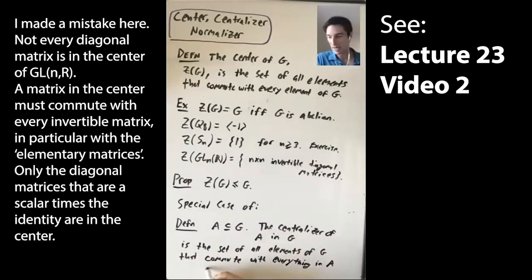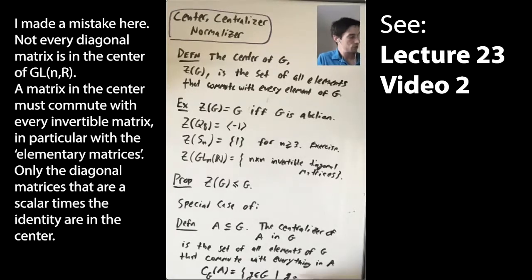So we usually write C_G(A) is the set of all g in G such that you could write ga equals ag, but maybe instead it's a little nicer to write gag^{-1} equals a for all a in A.